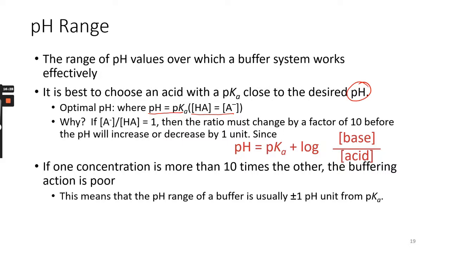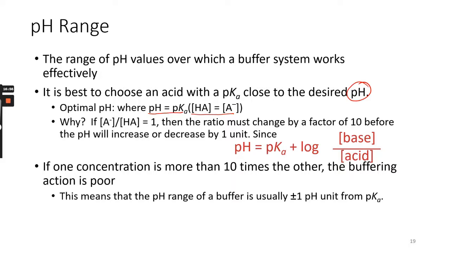So why? Well, if they are equal to each other, when you take the ratio, you get a 1. If you plug that into this, the log gives you 0, and then your pH is equal to your pKa. If this is the case, then the ratio must change by a factor of 10 before you will actually change the pH. So you'd have to have the concentration of your acid 10 times more than your base, and vice versa.